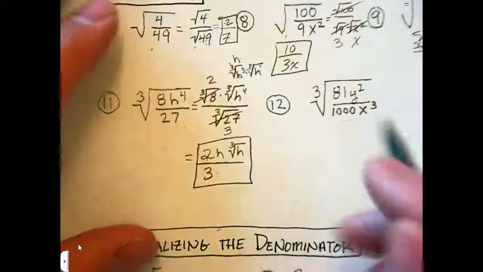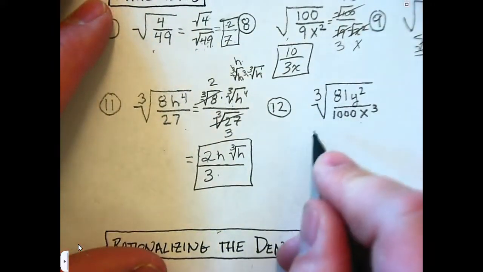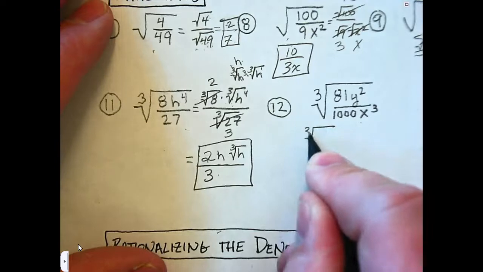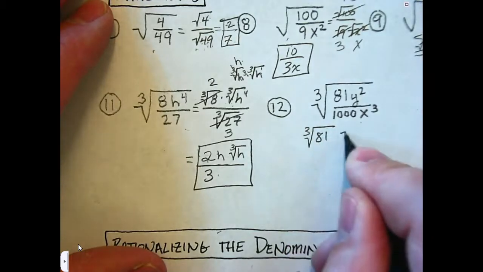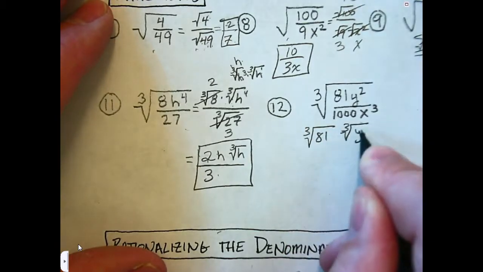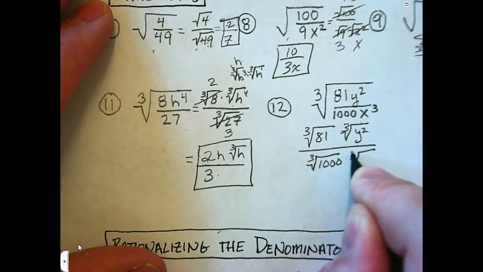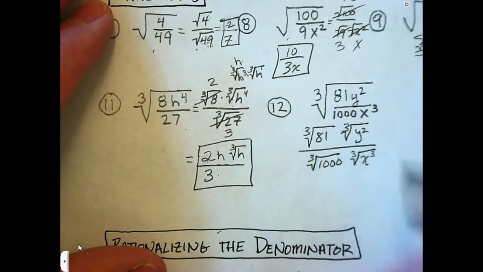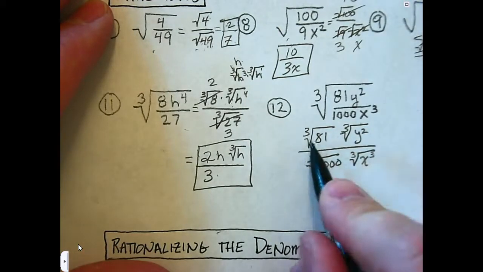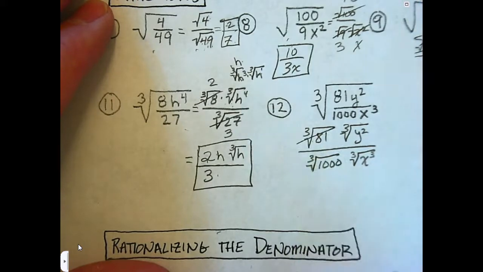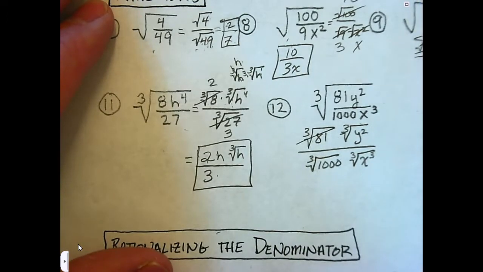All right, so this one we're breaking apart as well. We've got the cubed root of 81, cubed root of y squared, cubed root of 1,000, and cubed root of x cubed. Cubed root of 81 is not 9.